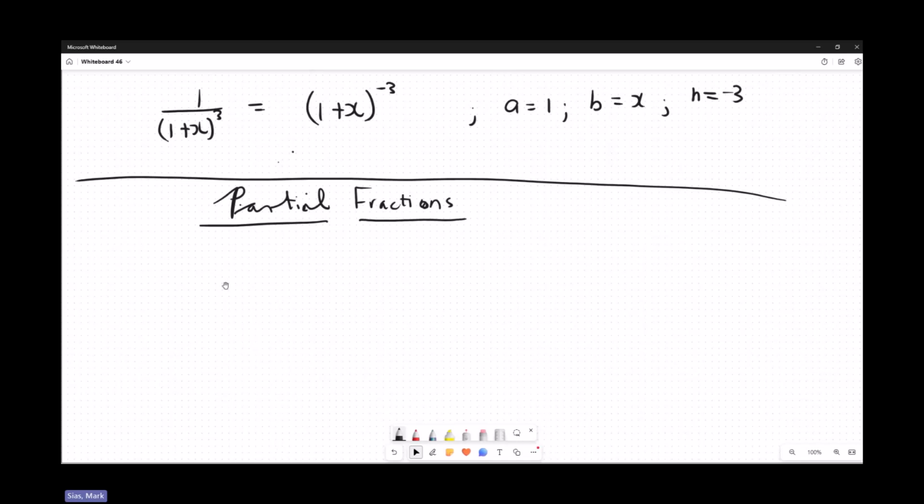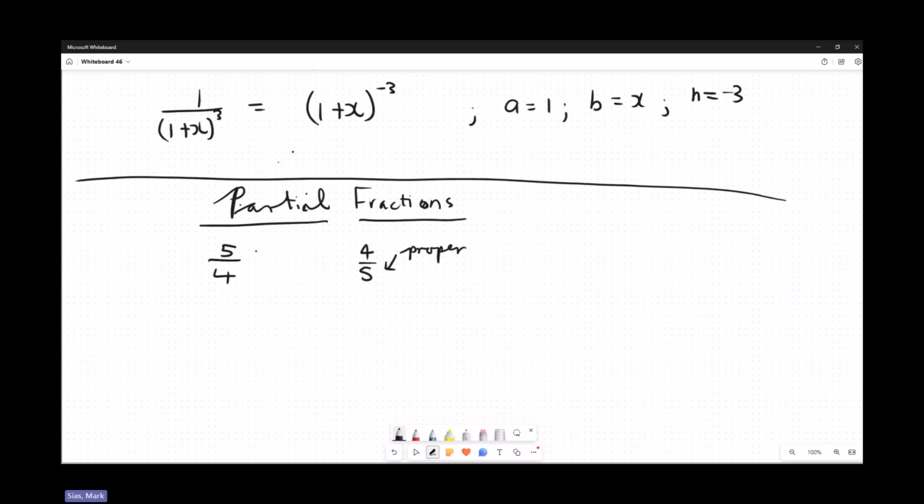So here we speak of a proper or an improper fraction, okay? We know from our early encounters with fractions, we call something like this an improper fraction, and something like this a proper fraction.